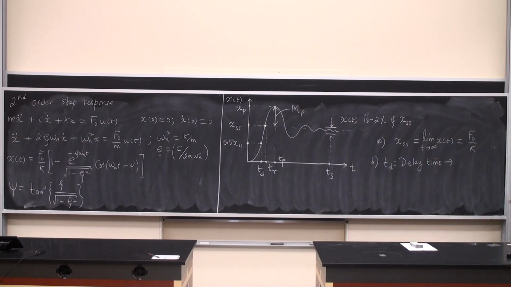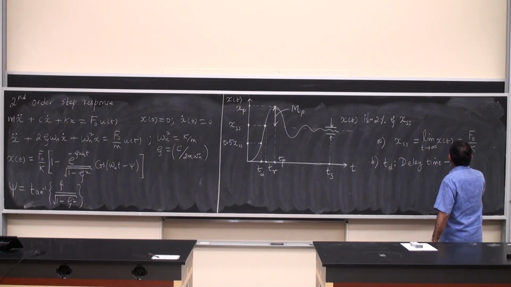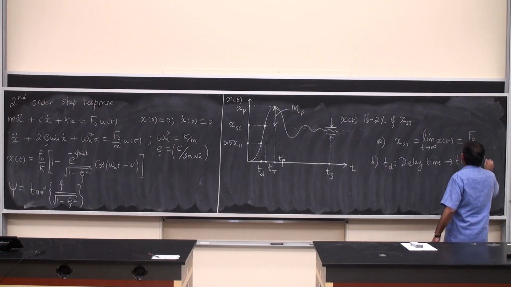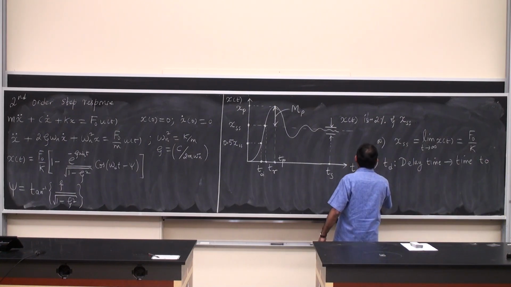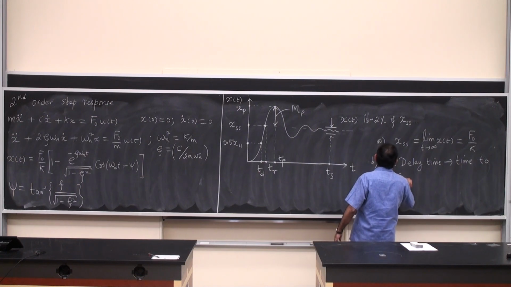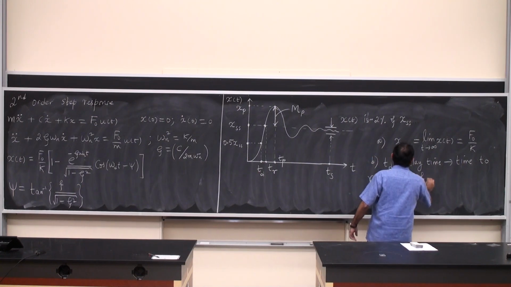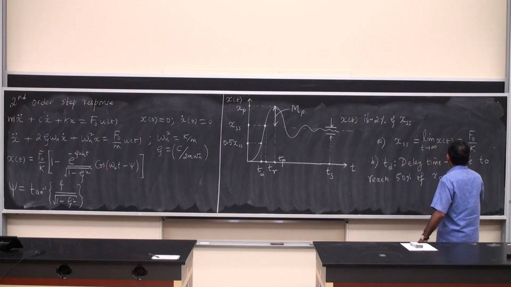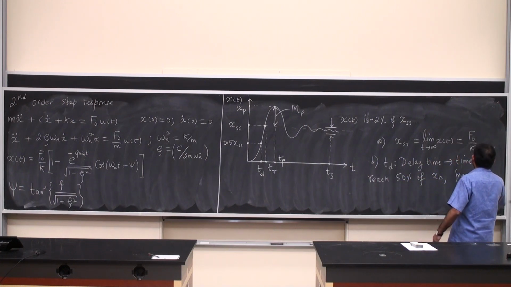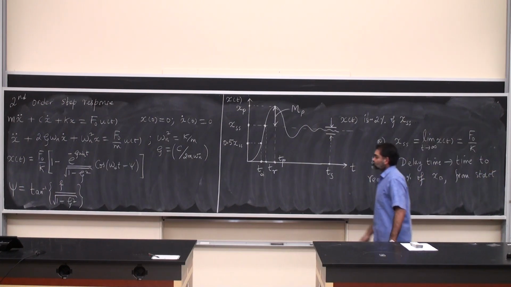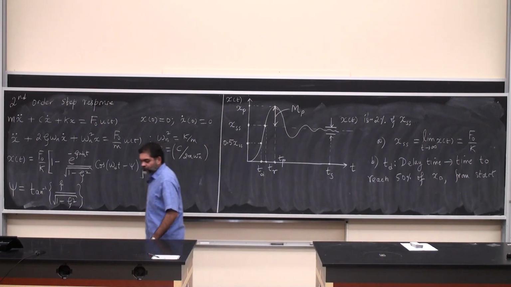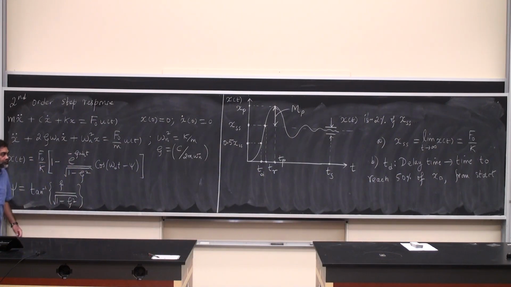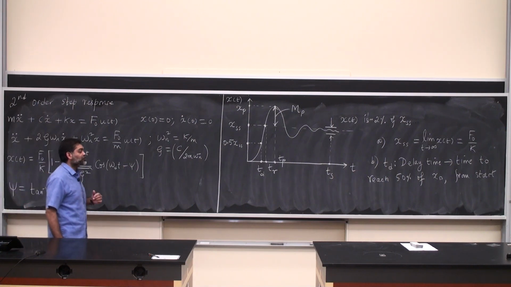Then delay time, t suffix d, is the time taken to reach 50% of steady state right after the start of proceedings, from the start. One can derive an approximate expression for the delay time in terms of the system parameters.